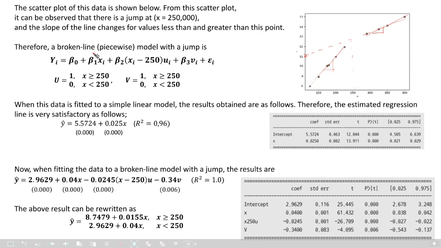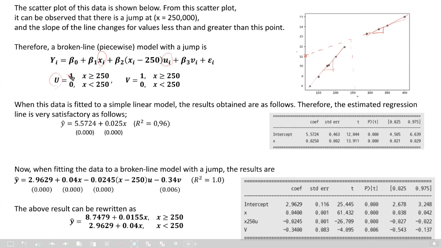Therefore, the broken line piecewise model with the jump is y equals beta 0 plus beta 1 x, where x is the volume of imported goods, plus beta 2 (x minus 250) times u. u is a dummy variable.